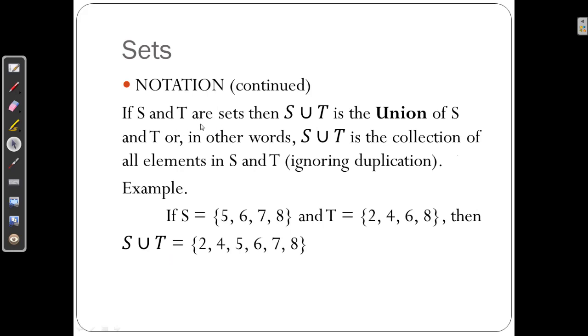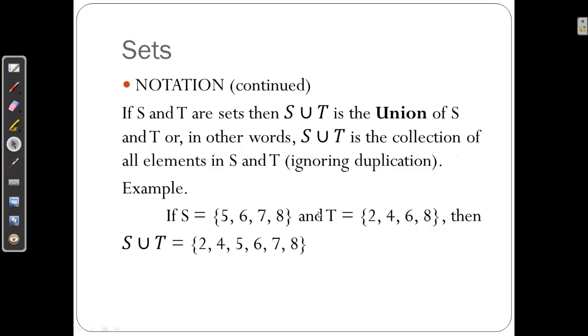Some more notation. This is about the union. If S and T are sets, this symbol is read S union T. It's the union of S and T, or the collection of all elements in both sets, ignoring duplication. So, looking at this example, 5, 6, 7, 8 and 2, 4, 6, 8, the union is just all elements in either set.